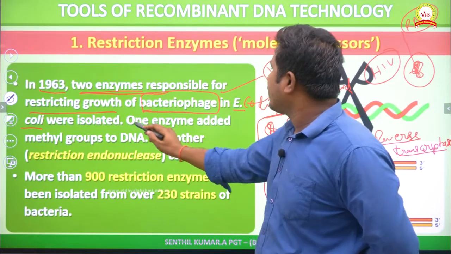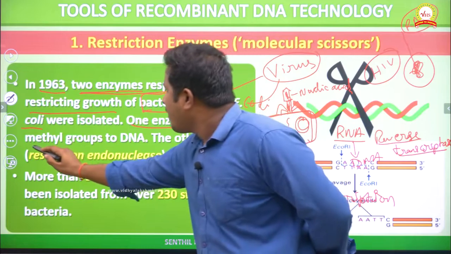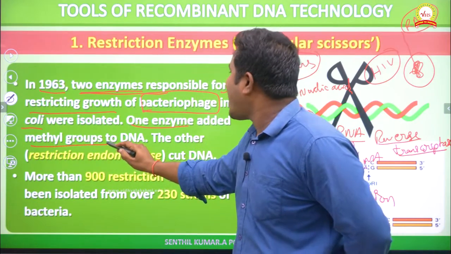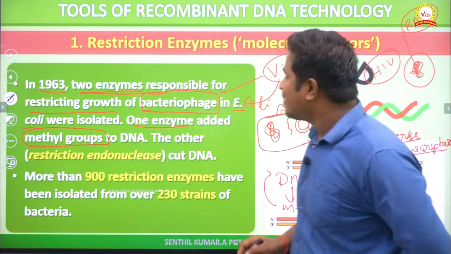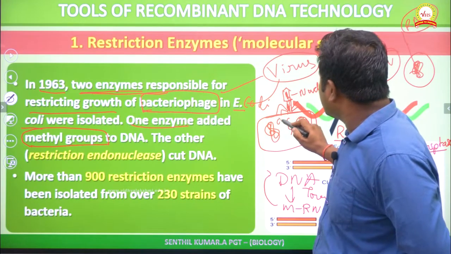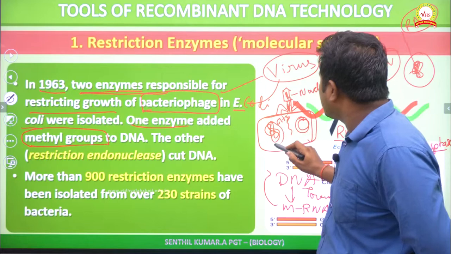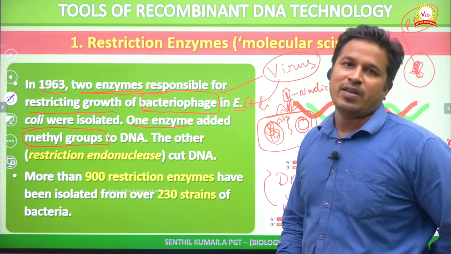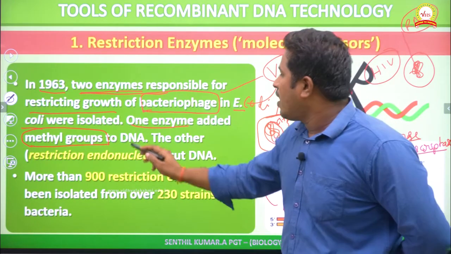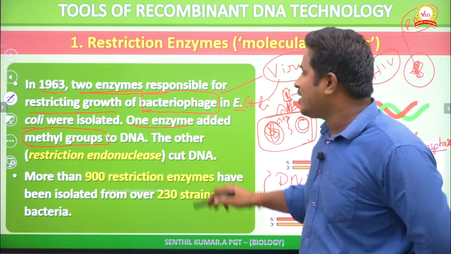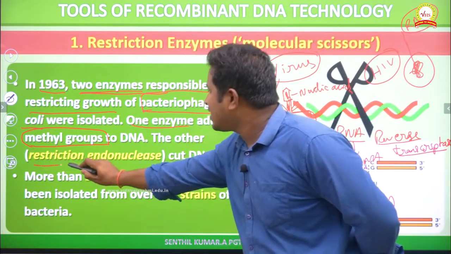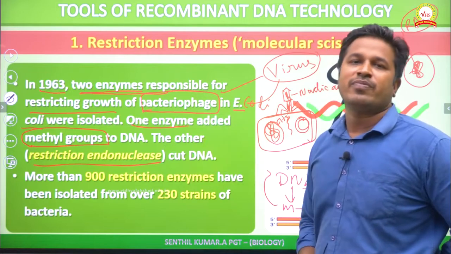One enzyme adds a methyl group, CH3, on the surface of this particular genetic material. And the other enzyme is nothing but restriction endonuclease.